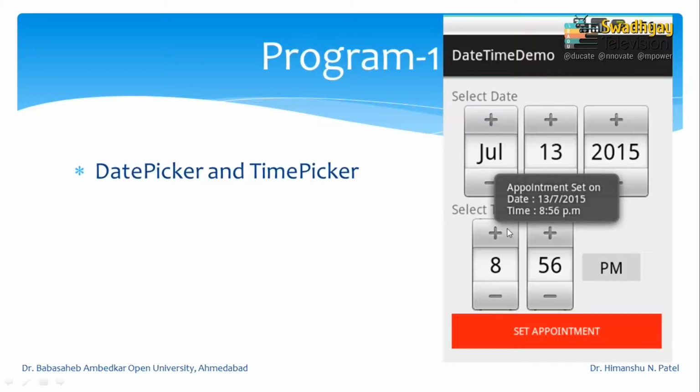Likewise, in time picker we have hours and minute, and you can also specify whether it is AM or PM. Normally, this format is in 24 hours format, but if you press PM and if it is 8, then it is internally returned as a 20.